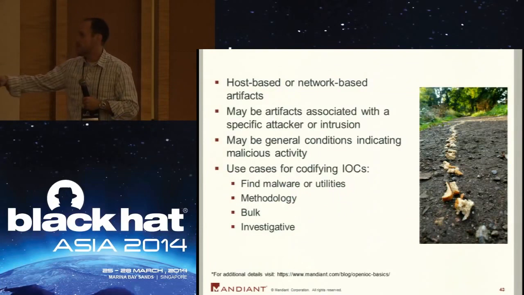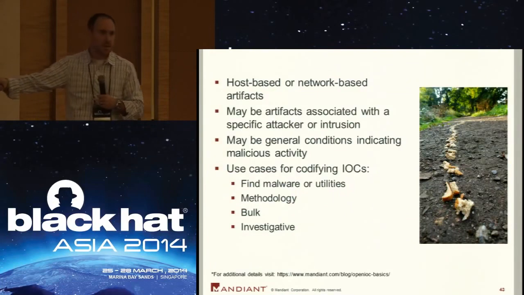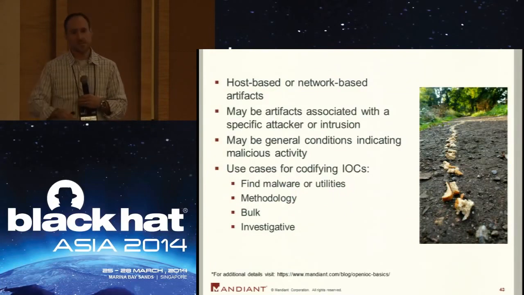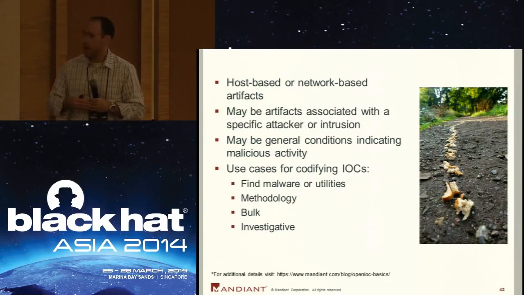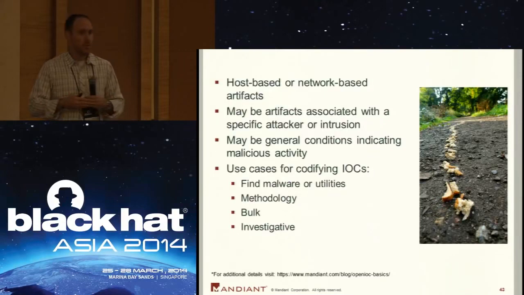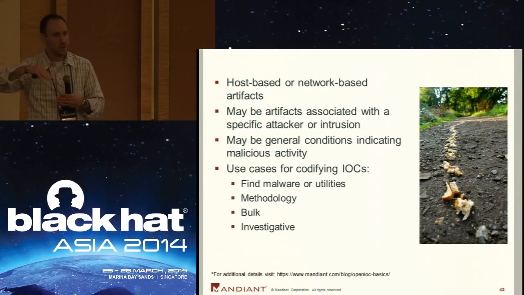There are a couple of different ways you can think about an indicator. An indicator could be something that's very specific to a tool or to a particular intrusion, or it may be something that's general. It may be general badness, like if you've ever messed around with the Autoruns tool from Sysinternals, all of the run keys and the other places in the registry where programs can autostart.